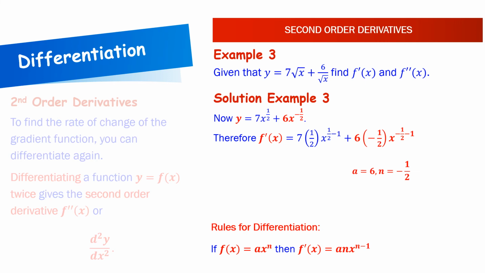Of course, we've simply applied the highlighted formula. And tidying up gives us 7 over 2 x to the minus a half minus 3x to the minus 3 over 2.